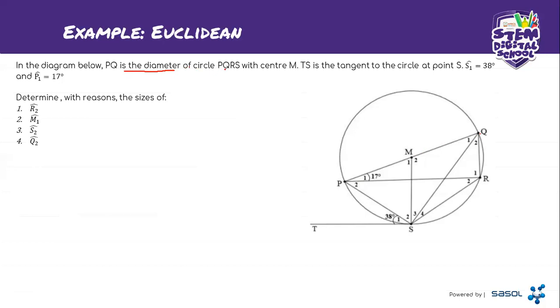Of a circle PQRS. These are 4 points on the circumference. And TS is the tangent to the circle at point S. Let's see point S. You can see the tangent is there.